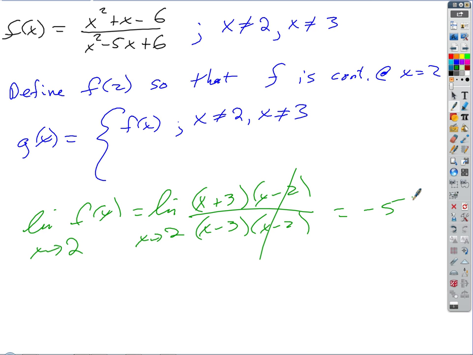We need to define f of 2, right? So g of x, when x equals 2, needs to be defined as what? Negative 5. Okay? That gets you most of the way there.